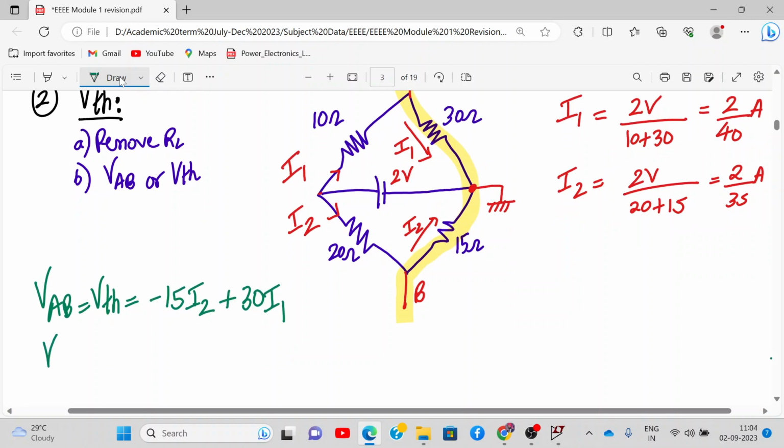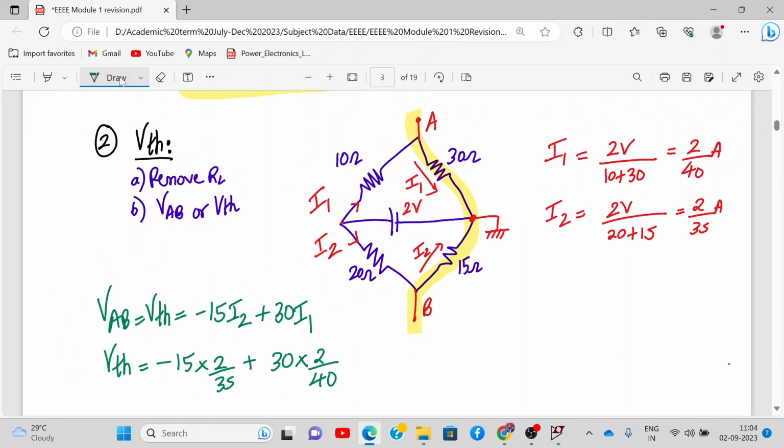What is VAB or VTH? It is minus 15 times 2 by 35 plus 30 into 2 by 40. So calculate this. I hope you're following. So VTH comes out to be 0.64. Please verify this.